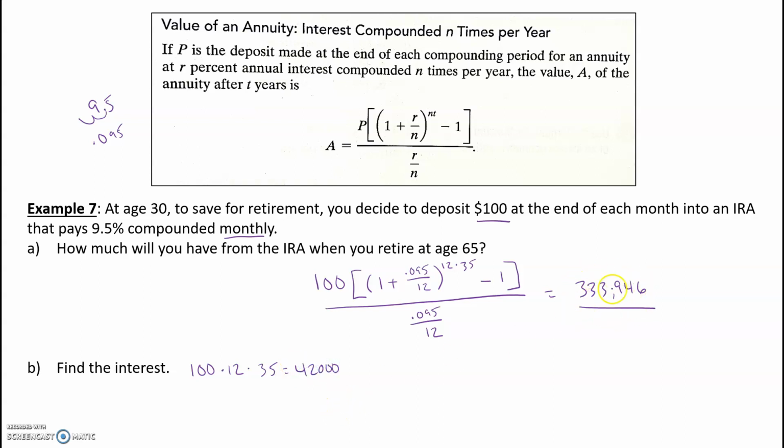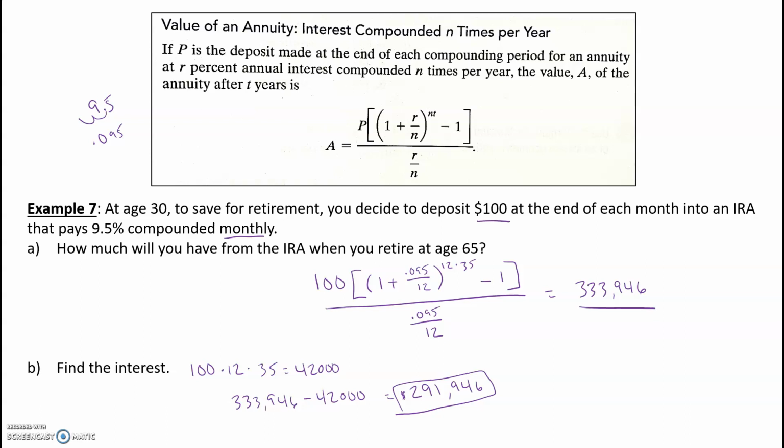But I've gotten out $333,000. So let's go ahead and subtract those. 333,946 minus my contributions of $42,000, and I got $291,946 in interest. That is a lot of interest.